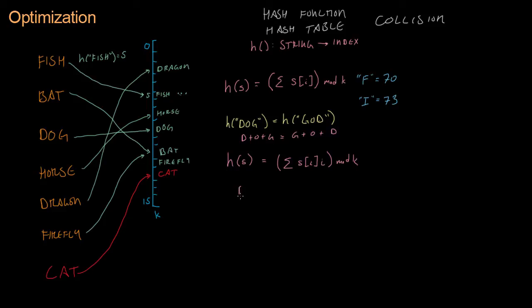It will be D times 0 plus O times 1 plus G times 2, and that is not equal to G times 0 plus O times 1 plus D times 2. You can see here the D gets multiplied by 2, and here the G gets multiplied by 2. So now it will produce different numbers.